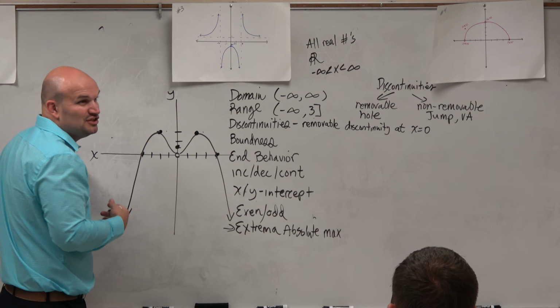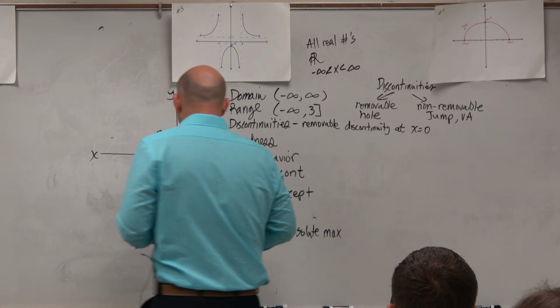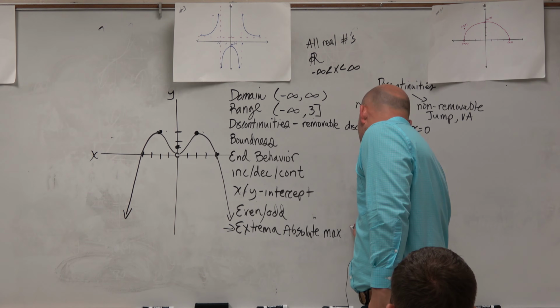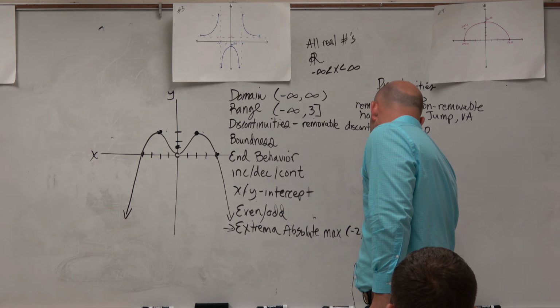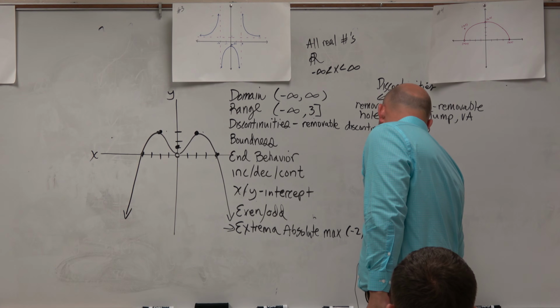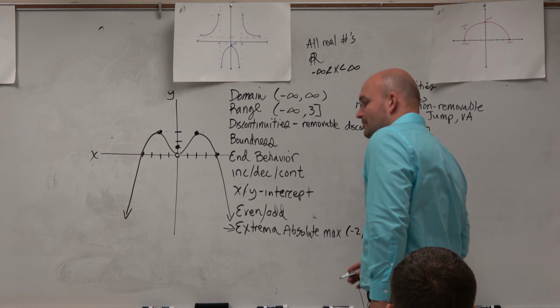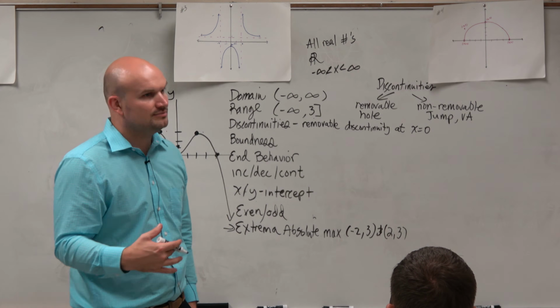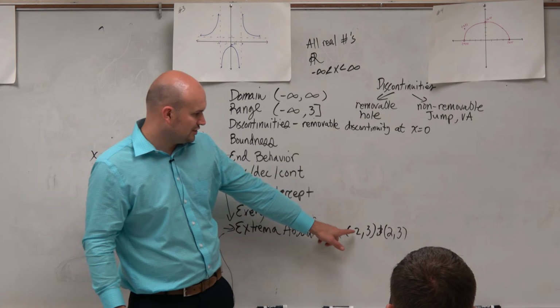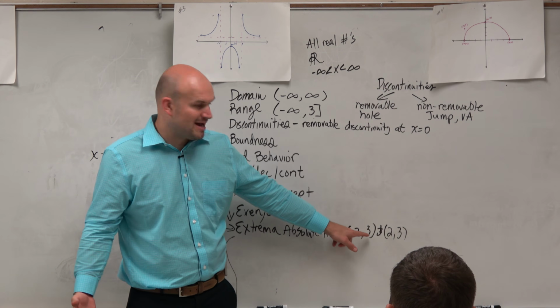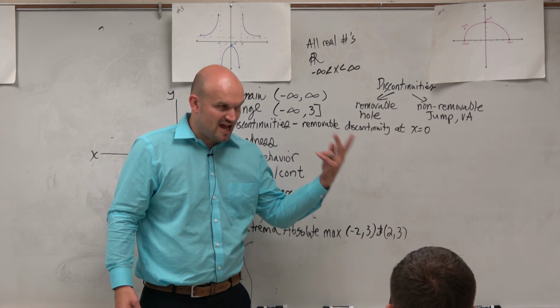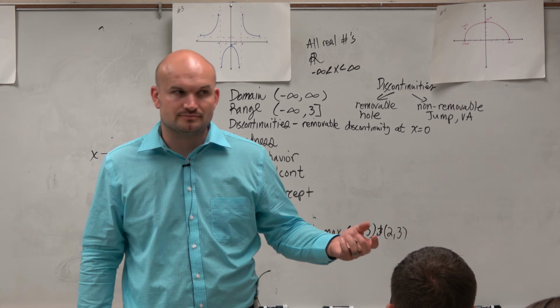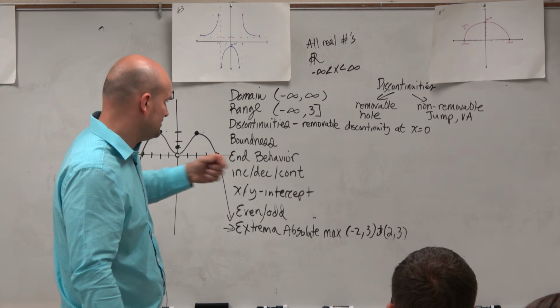A lot of times you can get around that by just saying there's absolute maximums at (-2, 3) and (2, 3). So by giving the coordinate points, you are now providing a location and a value, right? You're saying the location occurs at the x value, and the absolute maximum value is 3. And you can have more than one absolute maximum, as long as it follows that definition.